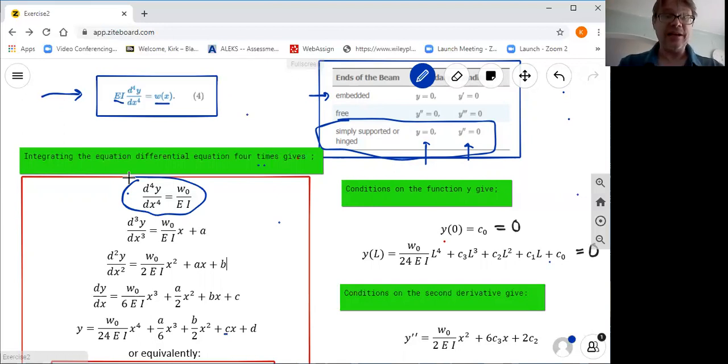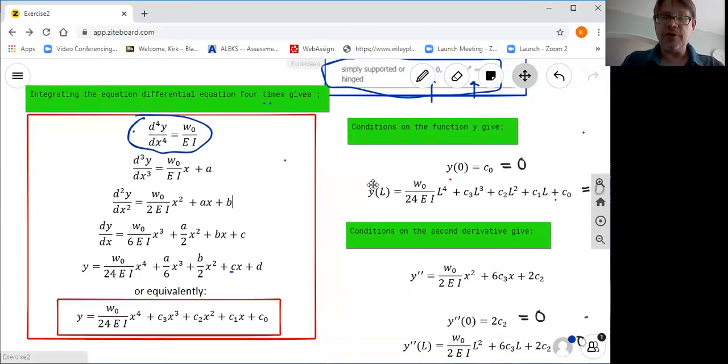That'll give us a linear function. We'll anti-differentiate the linear function to get a quadratic function, that's our 2nd derivative. Then we'll anti-differentiate the quadratic function to get a cubic function, that's our 1st derivative. Then we'll anti-differentiate that cubic function to get our function itself.